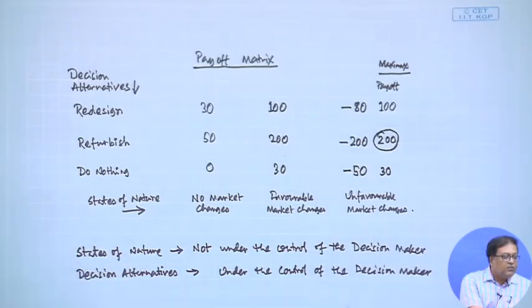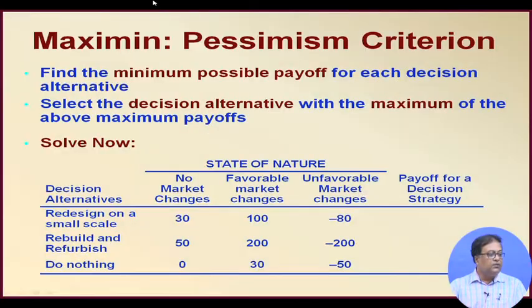Now, let us come to the second one, which is known as the Maximin operator. The Maximin operator would find the minimum possible payoff for each decision alternative. Select the decision alternative with the maximum of the above maximum payoff.